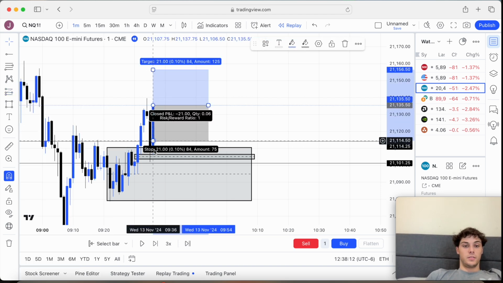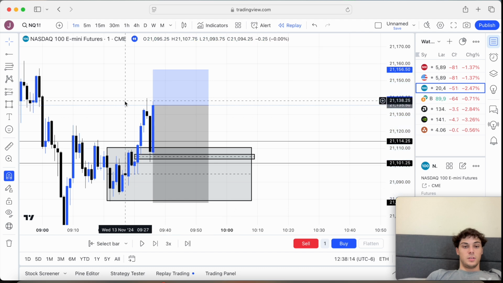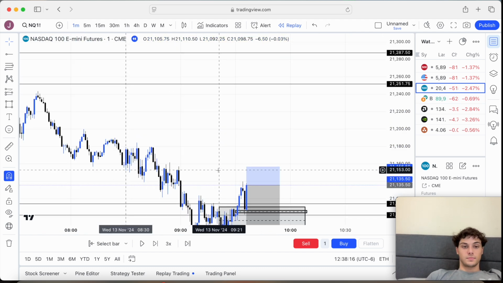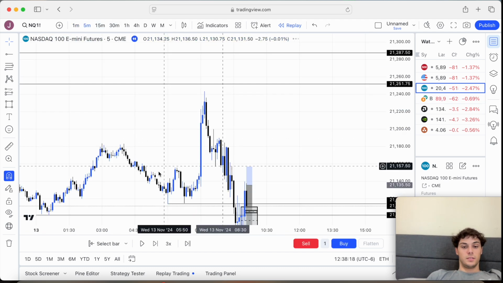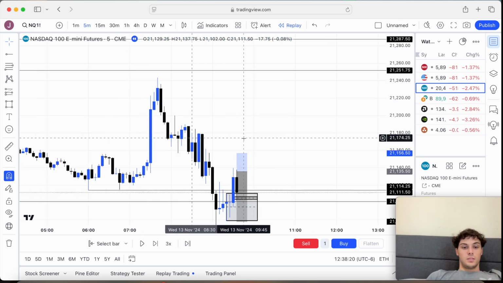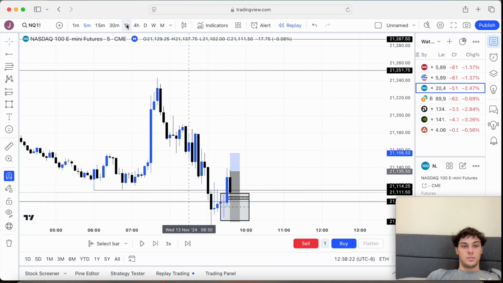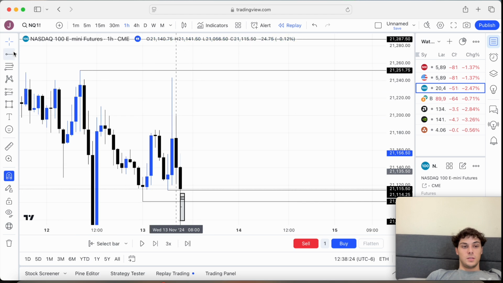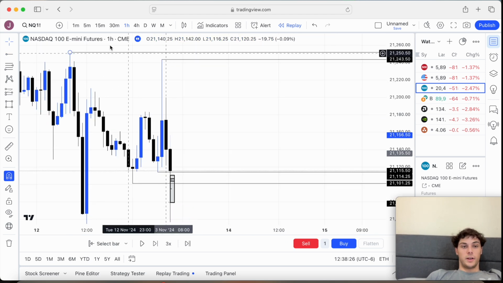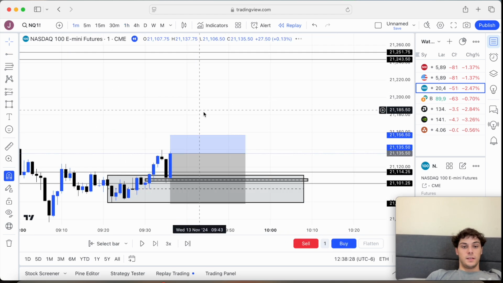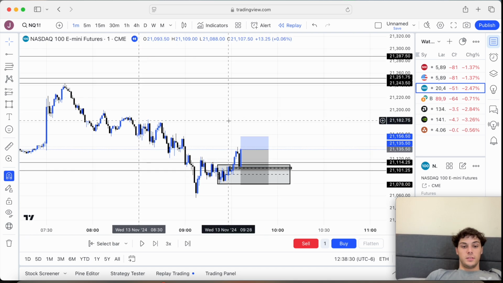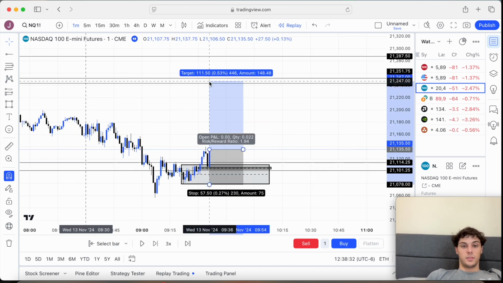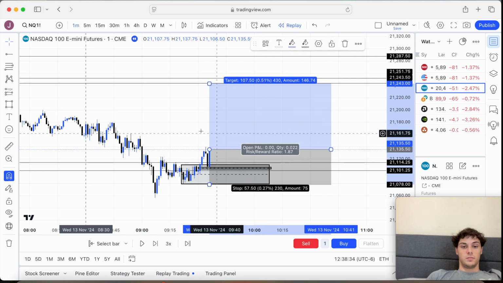Take a trade. Stops right here. And then we have this sell side liquidity right here. So then we go up here. This is our TP1.